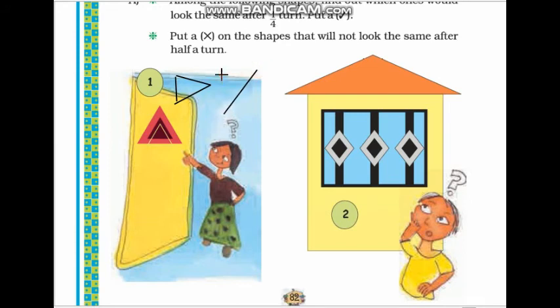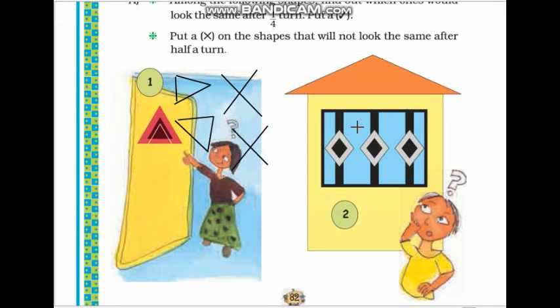So no, and it will not look the same after half a turn also, because after half a turn means turning from here to here. That means it will look like this. So this is also wrong.